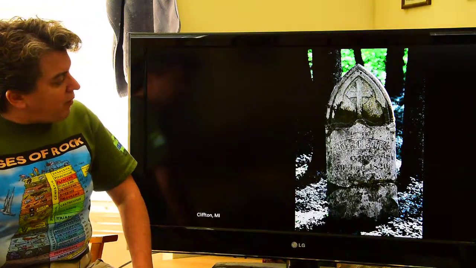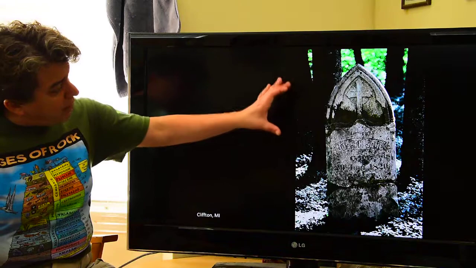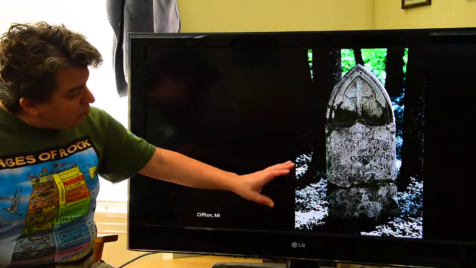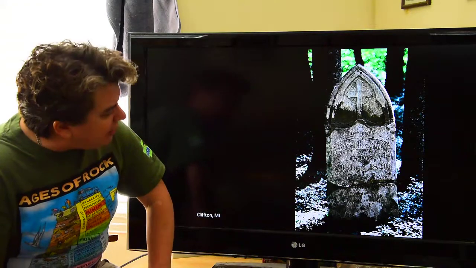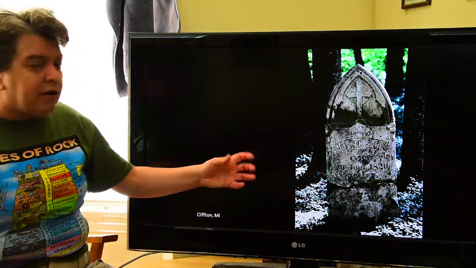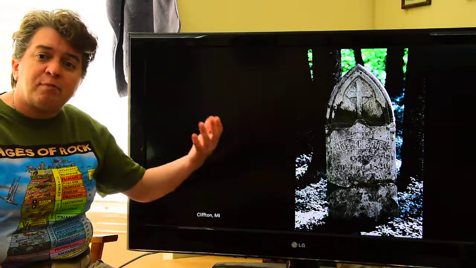So just to show you how climate can really affect weathering, I'm going to show you this headstone again. This was made out of limestone, and this was put in place in 1882. And it's very, like I said, rather hard to read because it has been exposed to quite a bit of chemical weathering.